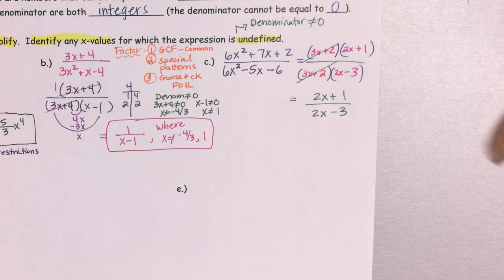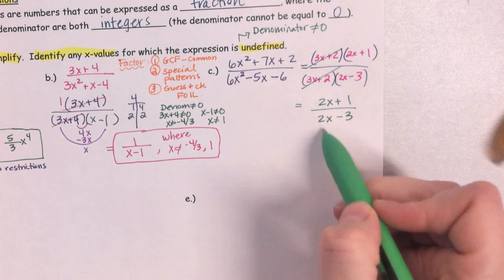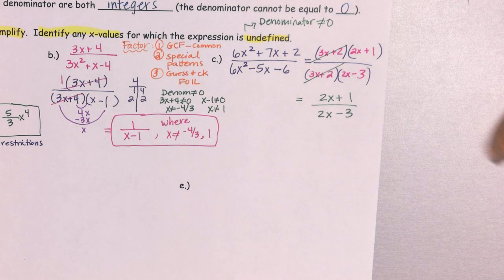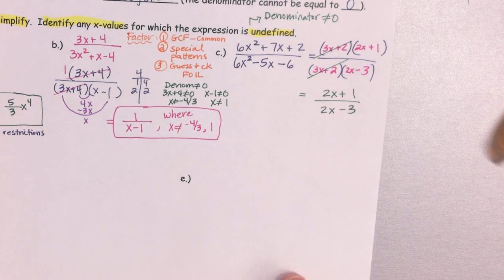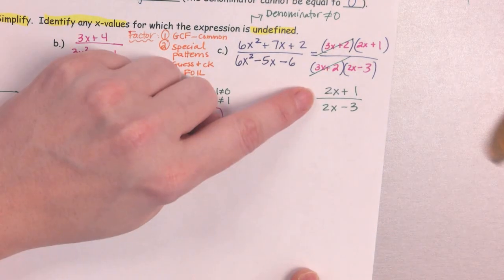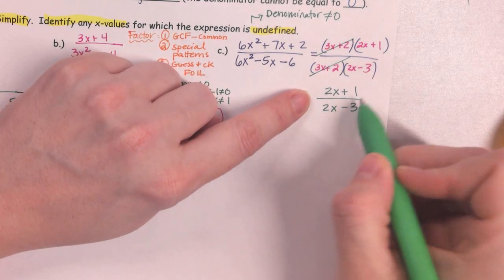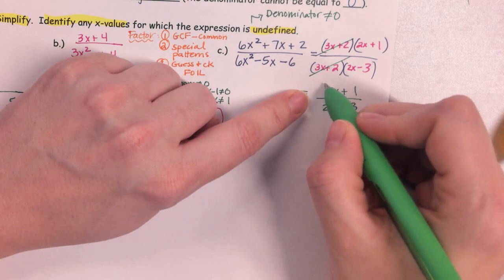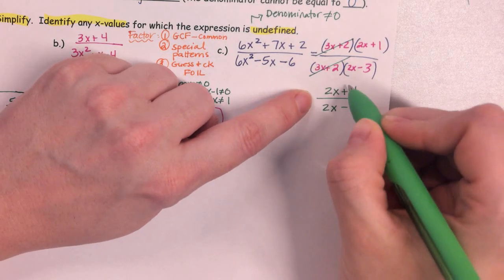Now, I'm going to tell you, you cannot cancel out these 2x's. A couple people tried to do that on the last quiz when we had the division. This will not simplify to that, and that's because remember, when you have a fraction, this is a factor. You have to do this before you divide.